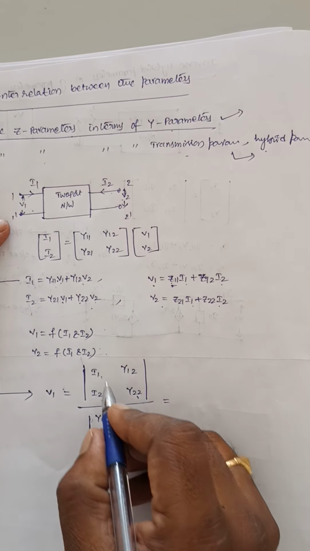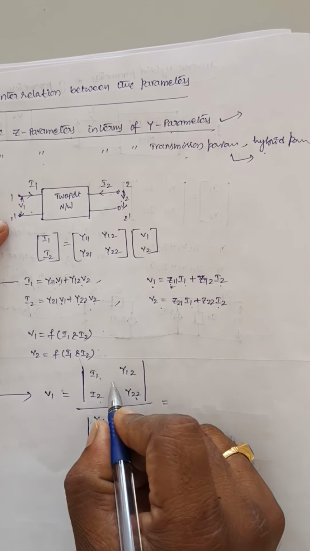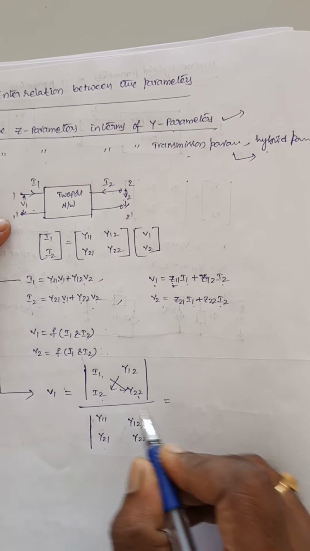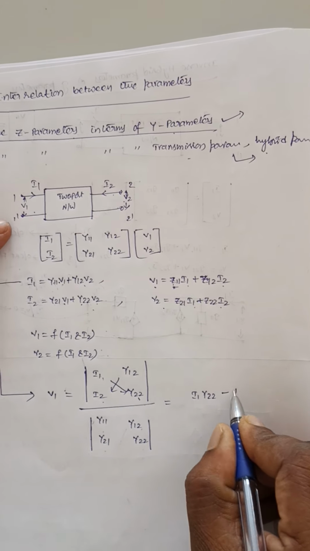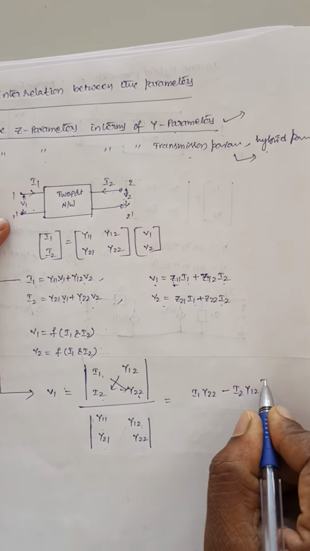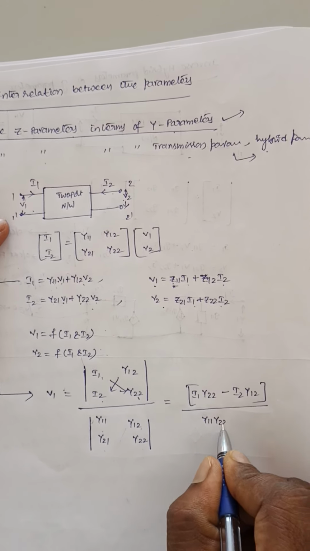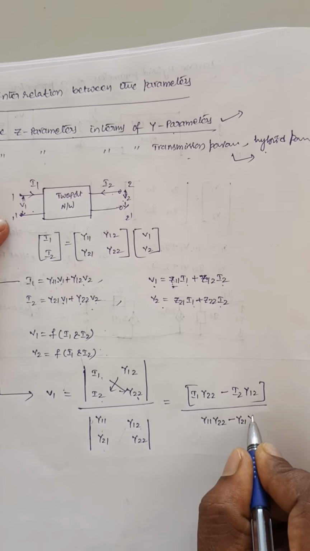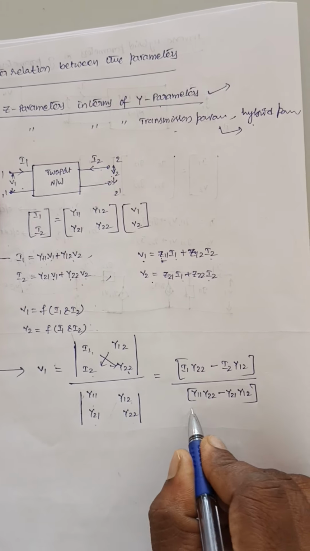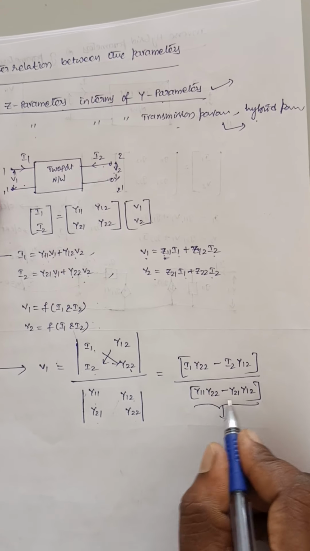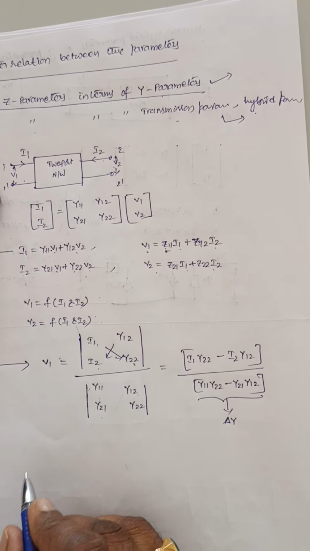Next, you see here, if I find this determinant, it is I1 into Y22 minus I2 into Y12 divided by Y11 Y22 minus Y21 Y12. Okay, so this Y11 into Y22 minus Y21 into Y12 is nothing but delta Y, right?